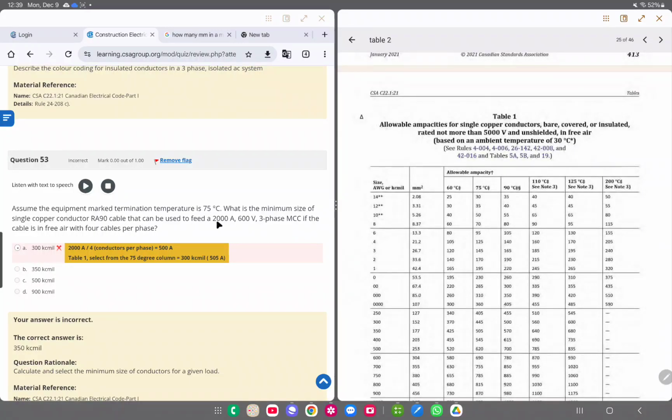So we got our 2000 amps divided by 4. We get 500 amps, and we're looking under the 75 degree column for 500 amps, and we got 505 here, so we're looking at 350 kcmil. So the answer would be 350 kcmil.